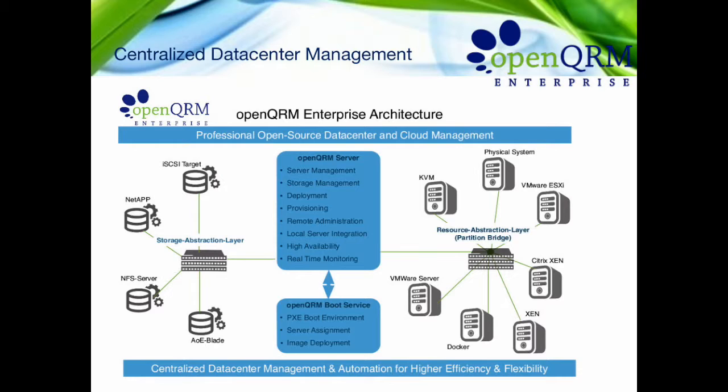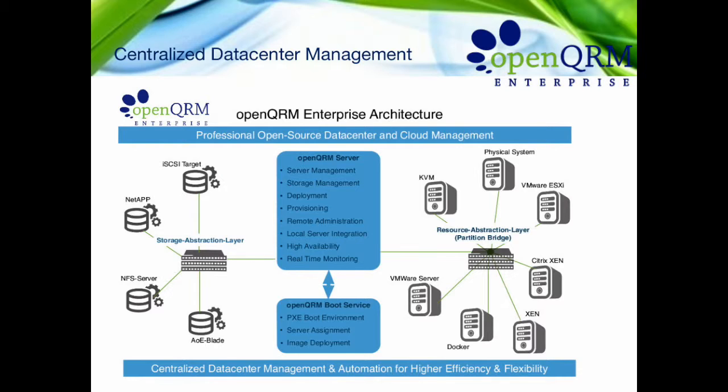On the other hand, we also have an abstraction layer for storage. That means, in general, any type of storage is fully supported by openQRM and can be attached to for having local virtual machines on it.